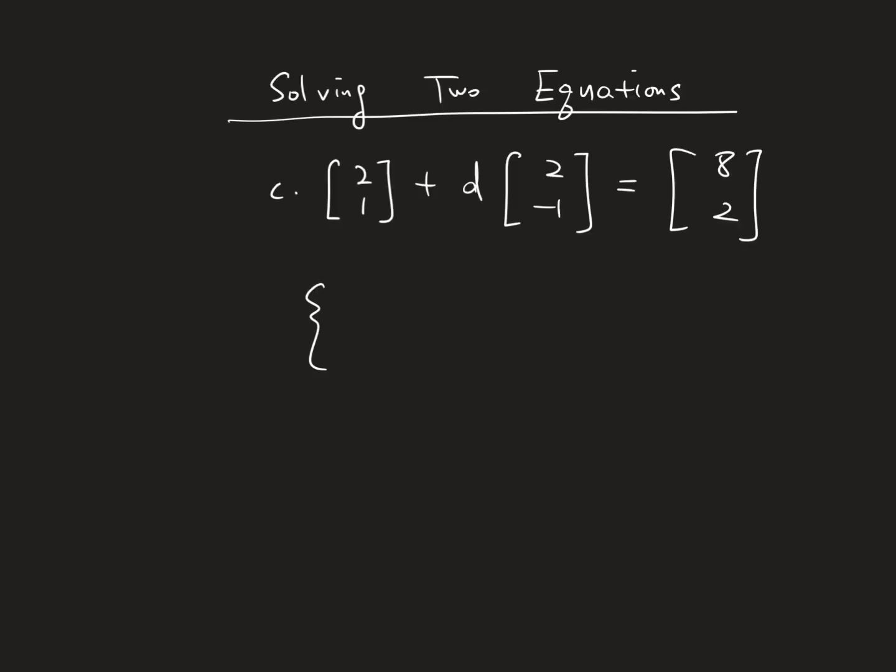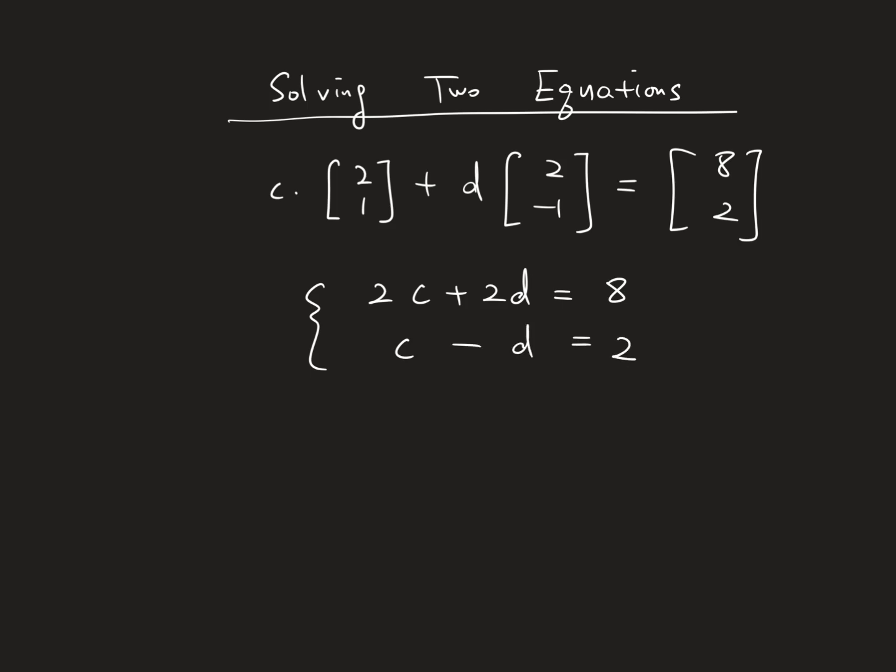As an example, we're going to solve two equations. So the two equations are 2c plus 2d is equal to 8, and c minus d is equal to 2.